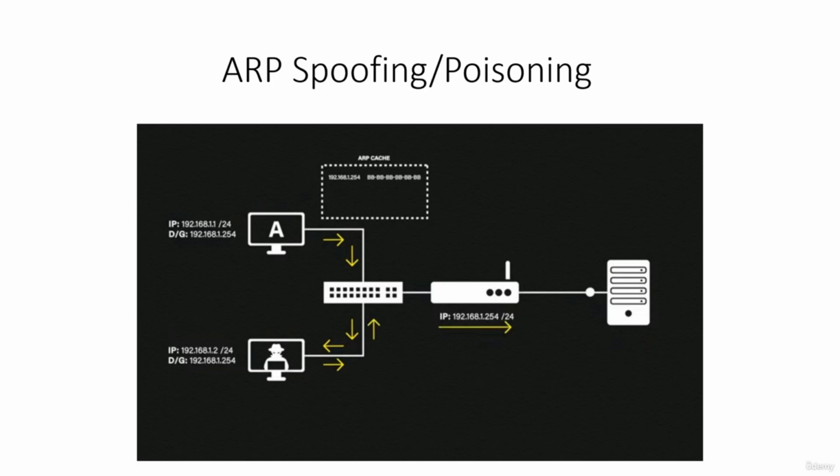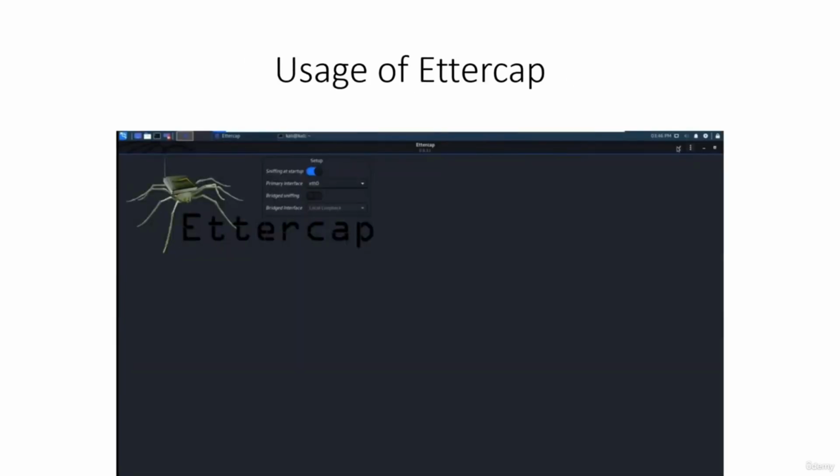So let's see how we can use a tool like Ettercap to achieve such a task. If you have a Kali Linux operating system, then the Ettercap program is installed by default on this system. Ettercap has a graphical interface that's very beginner friendly, unlike many of the programs that are command line only.